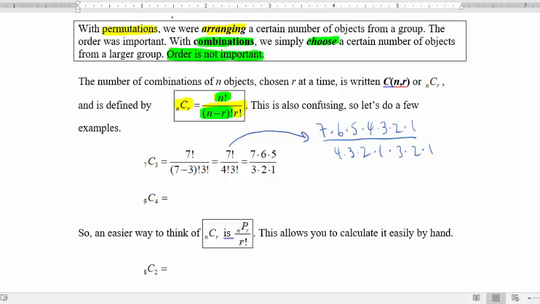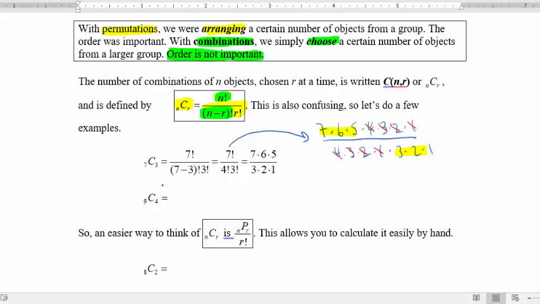Look what happens here. Everything from 4 down cancels, and I'm just left with 7 times 6 times 5 over 3 times 2 times 1.